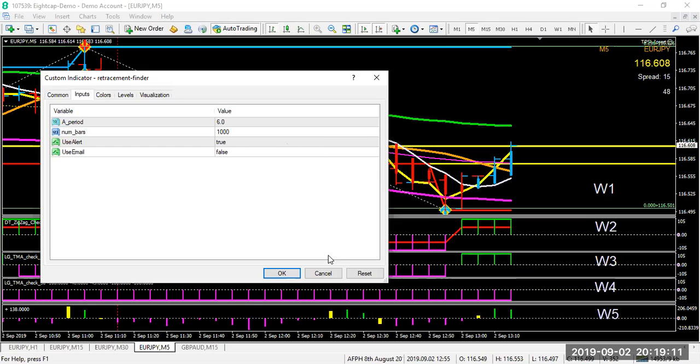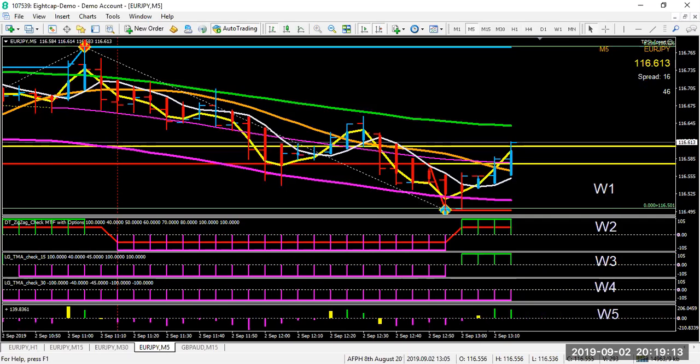And what you're looking for, if it does that, is that you'd basically expect that either the yellow's just crossed above, if the histograms in window 5 are above 0, yeah. And if it's below, you'd probably expect the yellow line to cross below. Okay, so when the yellow line crosses the white, it doesn't make a noise.